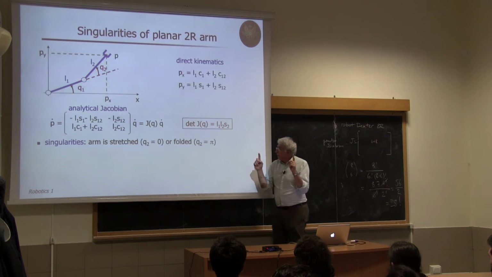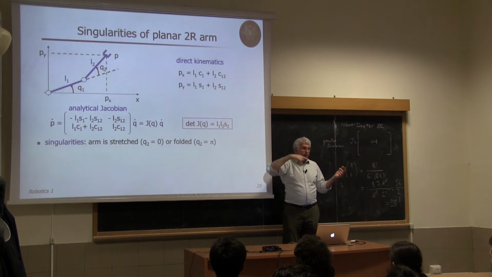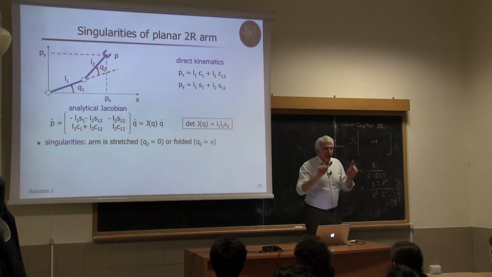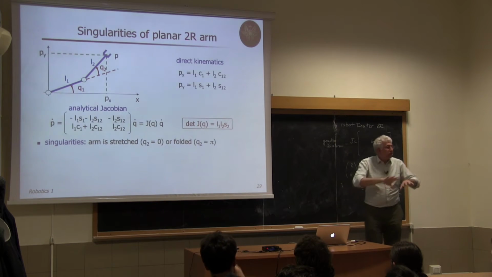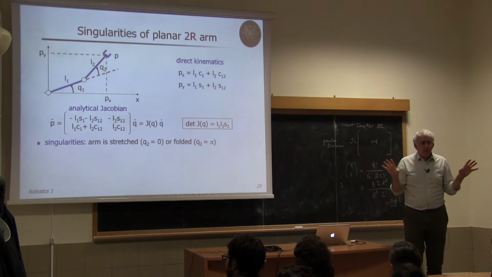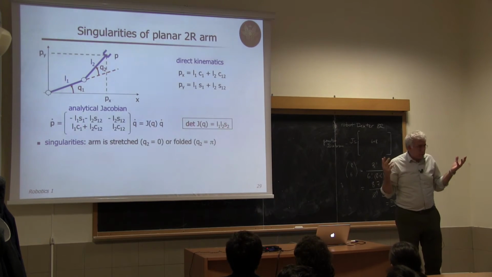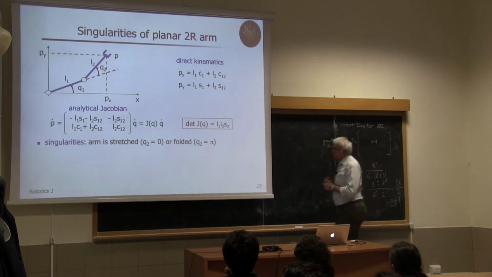When do I find another number? Infinite, in the Q2 equals pi situation when L1 is equal to L2. So there's a slight distinction, but the statement is correct in any case. In this situation, I have a different number of inverse kinematic solutions than the generic one.